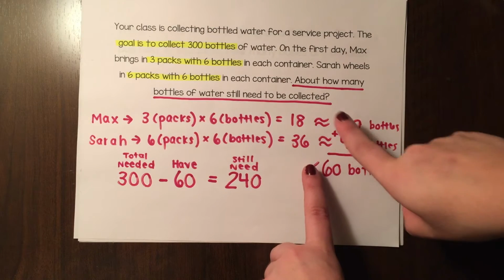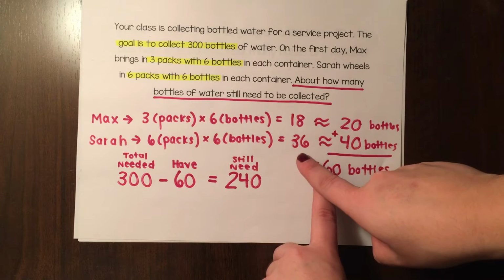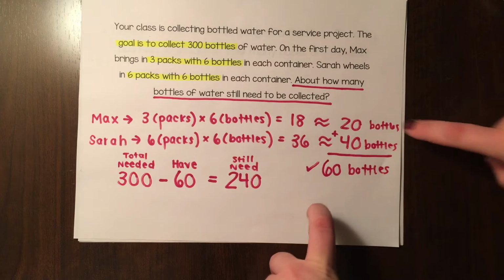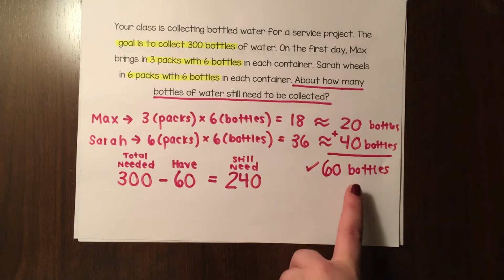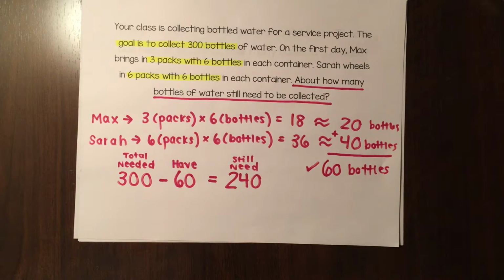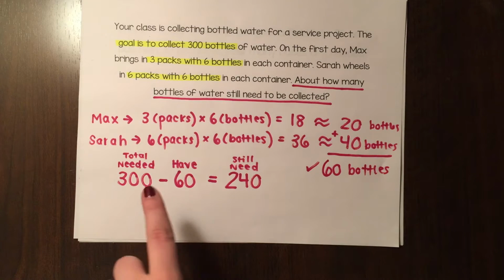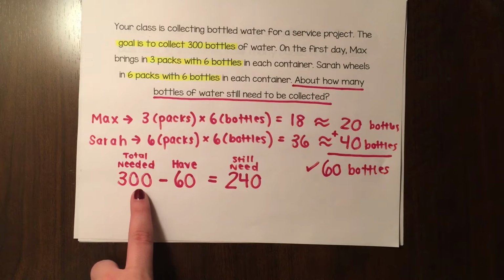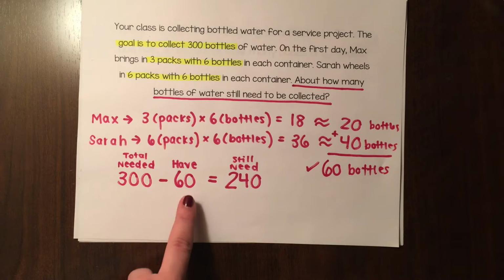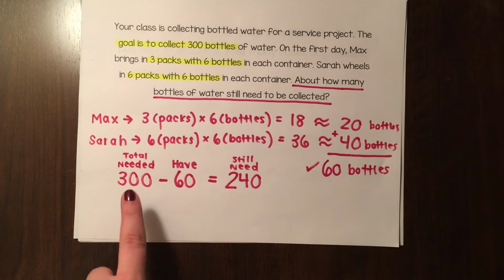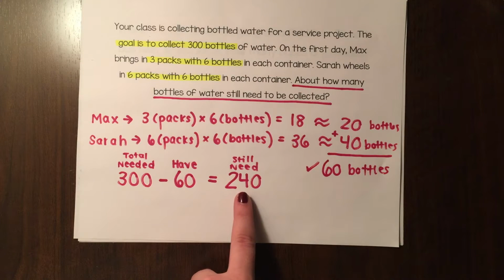Rounding 18 to about 20 and 36 rounded up to 40 bottles, and adding those two together, we know that we have about 60 bottles so far. Therefore, if we know we need 300 bottles total and we have 60, subtracting what we have from what is needed gives us 240 bottles still needed.